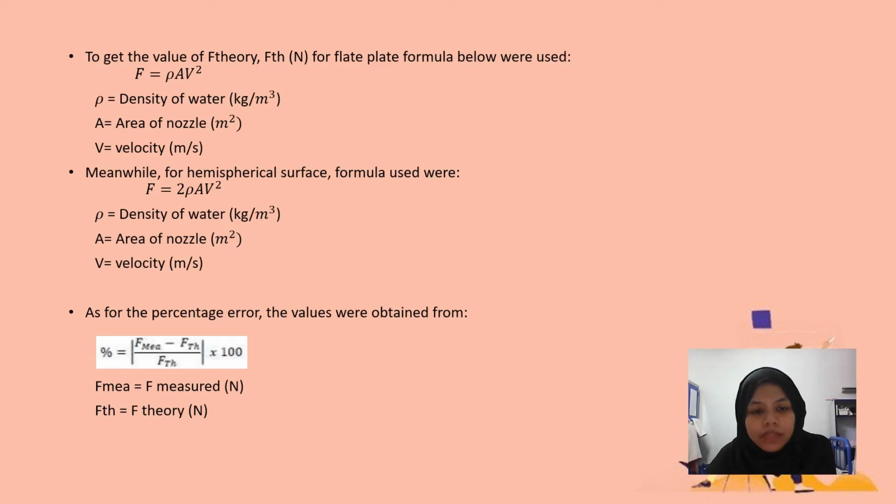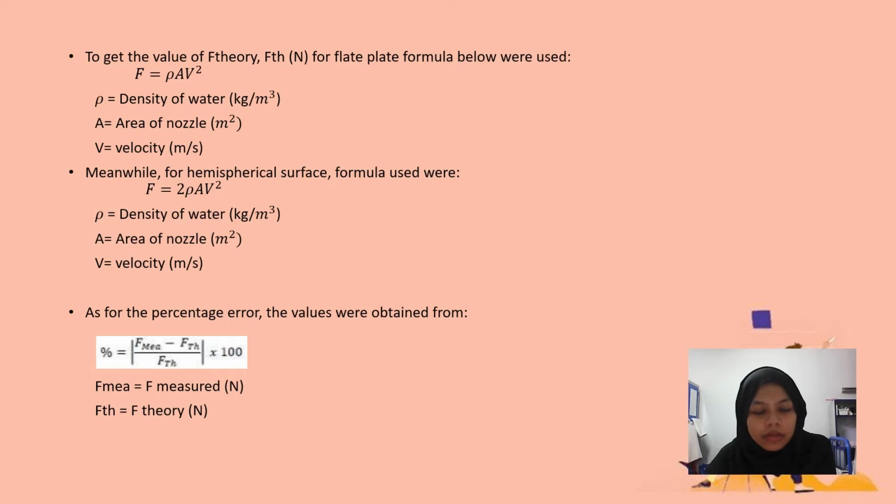Meanwhile, for the hemispherical surface, we just multiply it by 2, and the formula is F equals 2 rho AV squared, which are the same with the previous one. Rho is the density of water, A is the area of nozzle, and V is the velocity.